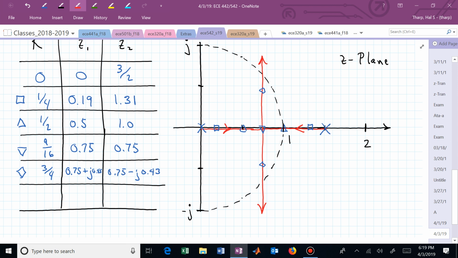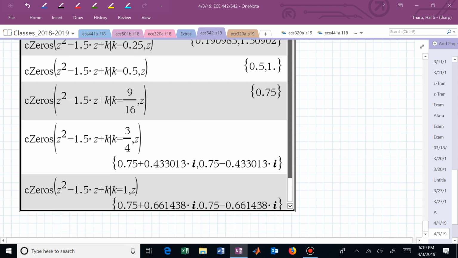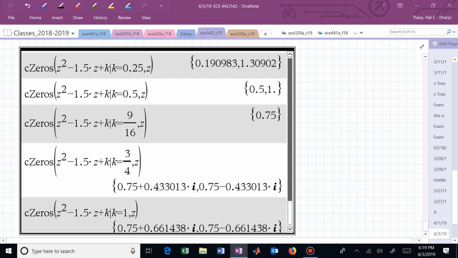What happens if we plug in a k value of 1? That must be special, so I'll give it a star. If we plug in k equal to 1, we end up with 0.75. That's good for the real component, and the imaginary component is 0.66.